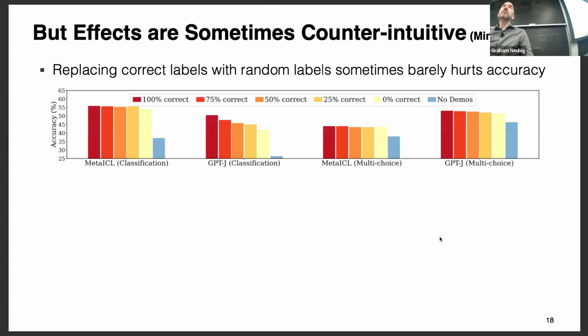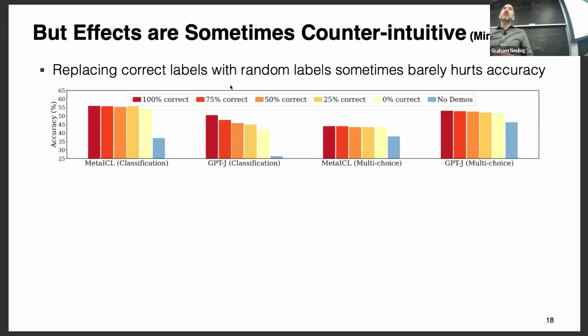Just to give an example, this paper is a really nice paper examining why in-context learning works. One interesting finding that they have is they take in-context examples, but they randomize the labels. They make the labels wrong some of the time.